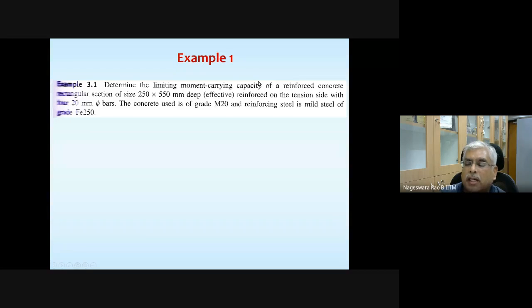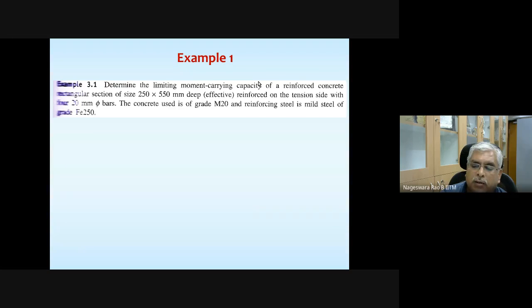How do you get it? First of all, you need to estimate xu, the neutral axis depth, which can be obtained using the formula you noted.